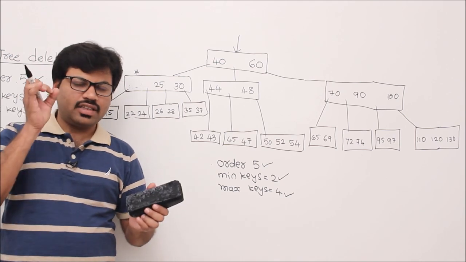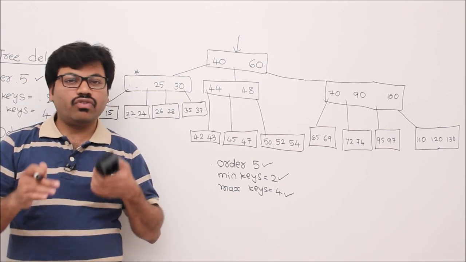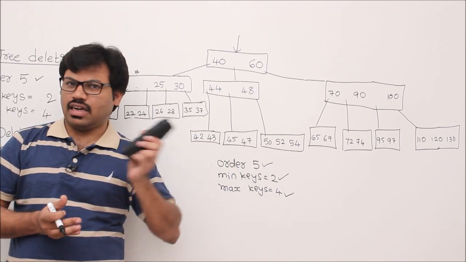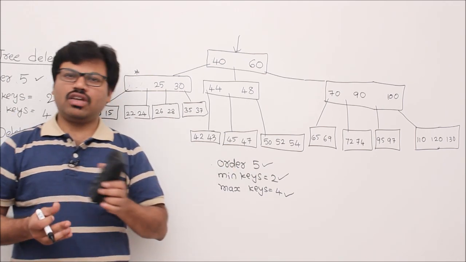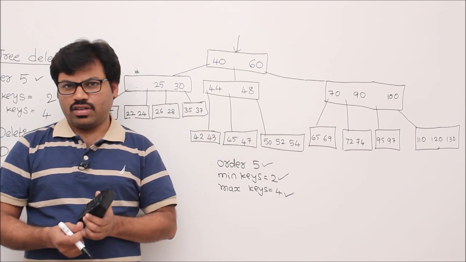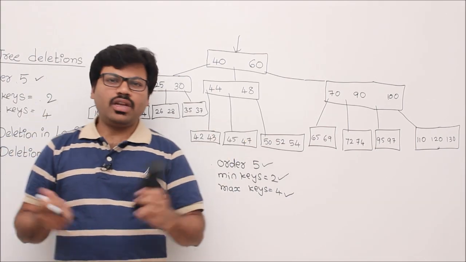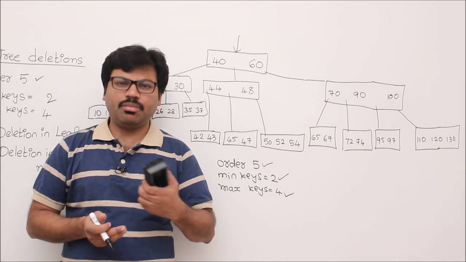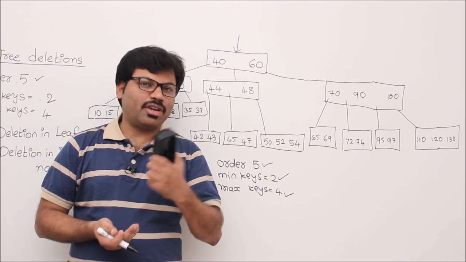As a student, you may ask: sir, if you don't tell us whether it is in order successor or in order predecessor, in the exam which one do I have to pick? That's why I can say there is no question from deletions, because there is ambiguity. That means anything can be taken in implementation, so they can't frame a question.